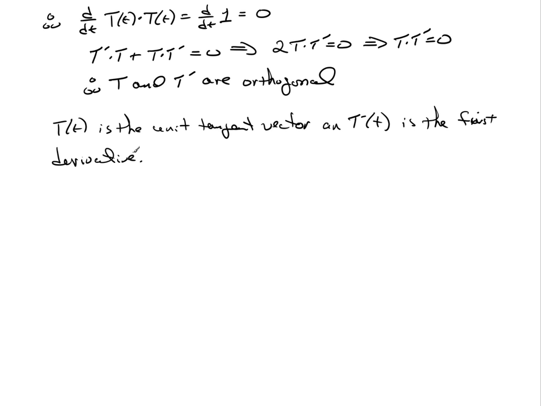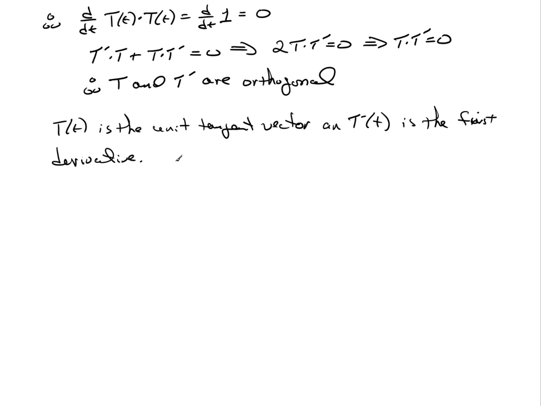But there's no guarantee that T prime is a unit vector. I mean, there's no reason to even suspect that T prime is a unit vector. Because of that, we want to make T prime into a unit vector. And that's really all this principal unit normal vector is.